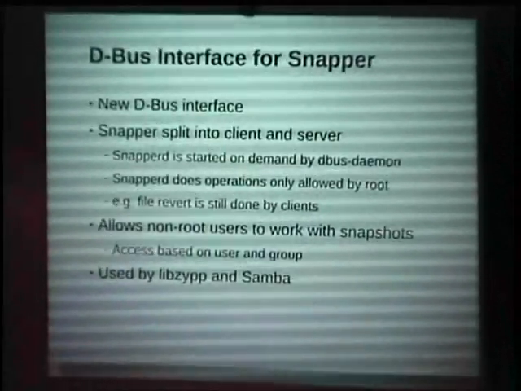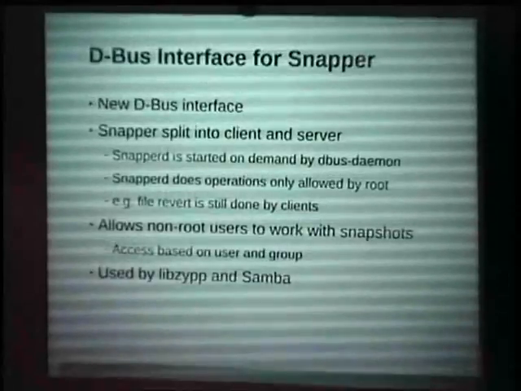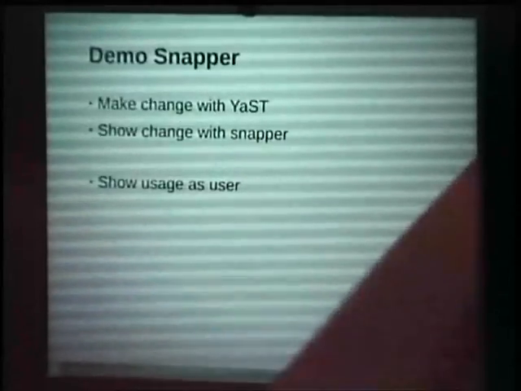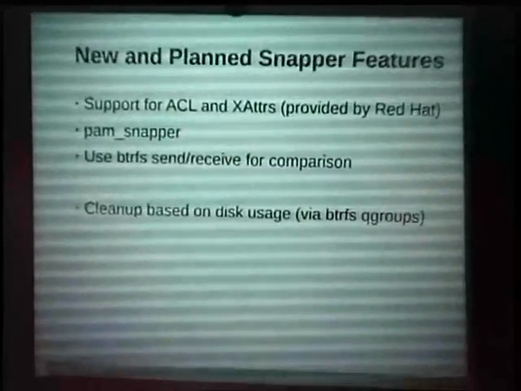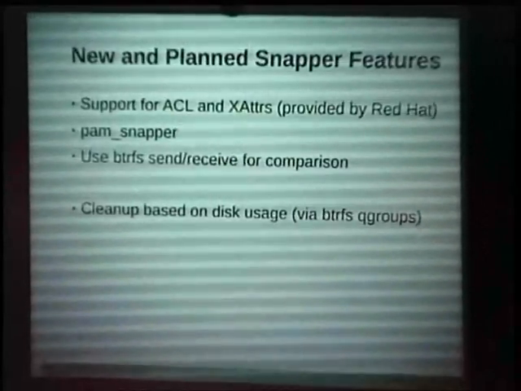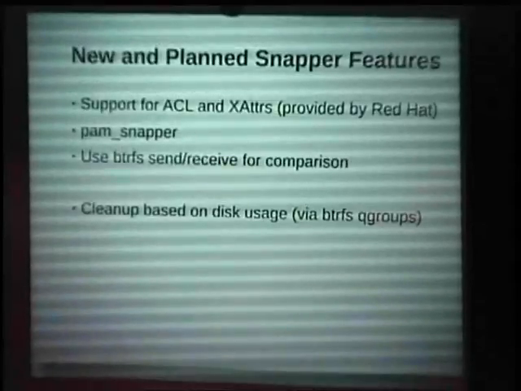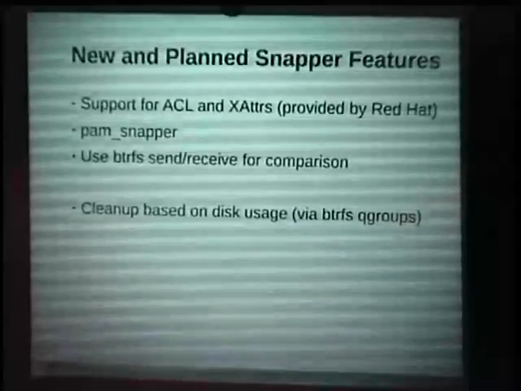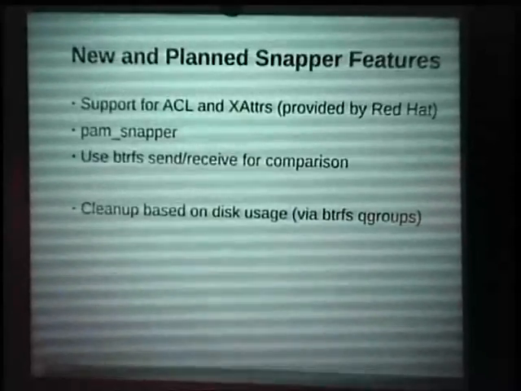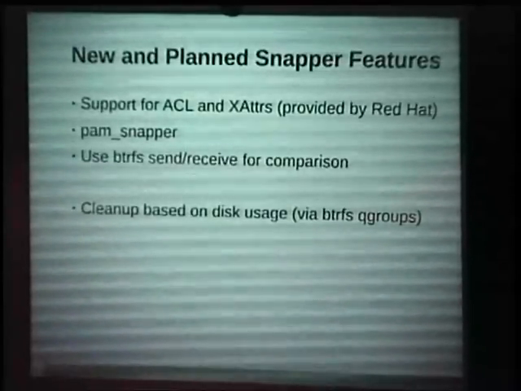So that was the last demo. So that was the state in openSUSE 12.3. There are some new features already. We have support for ACLs and extended attributes, which has been provided by Red Hat.